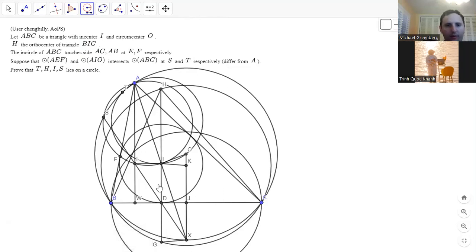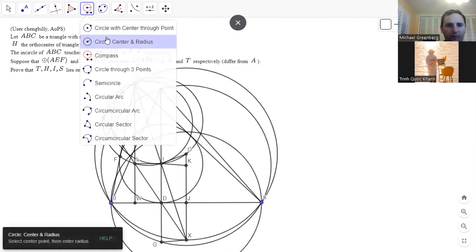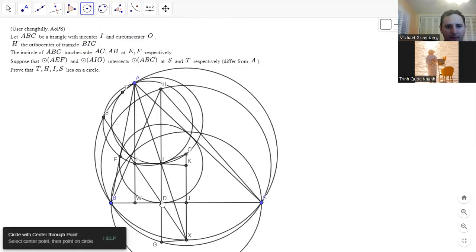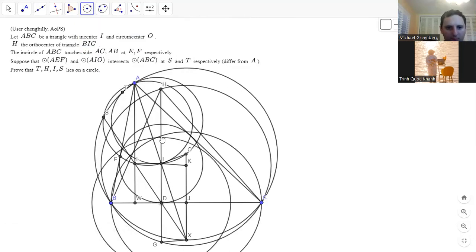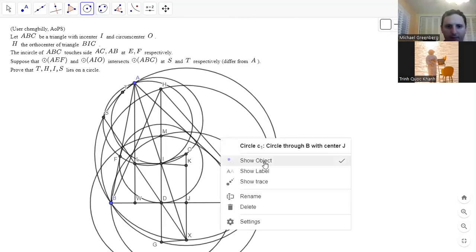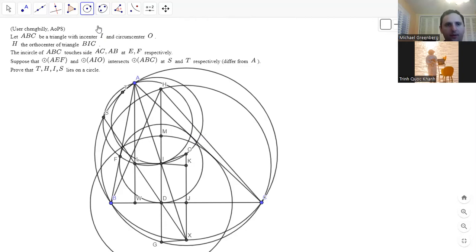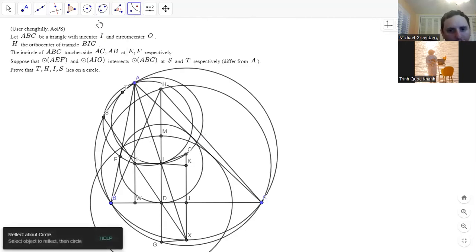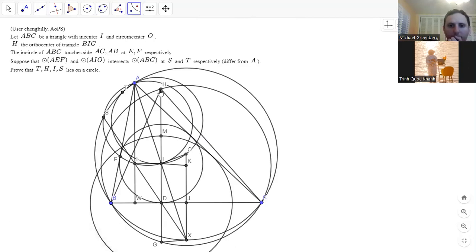So yeah, really this is the radius we want. Yeah, I don't even need the compass. That circle, that's the circle we want to invert about. So let's try it. Let's see where T and H go. So H would go to G.